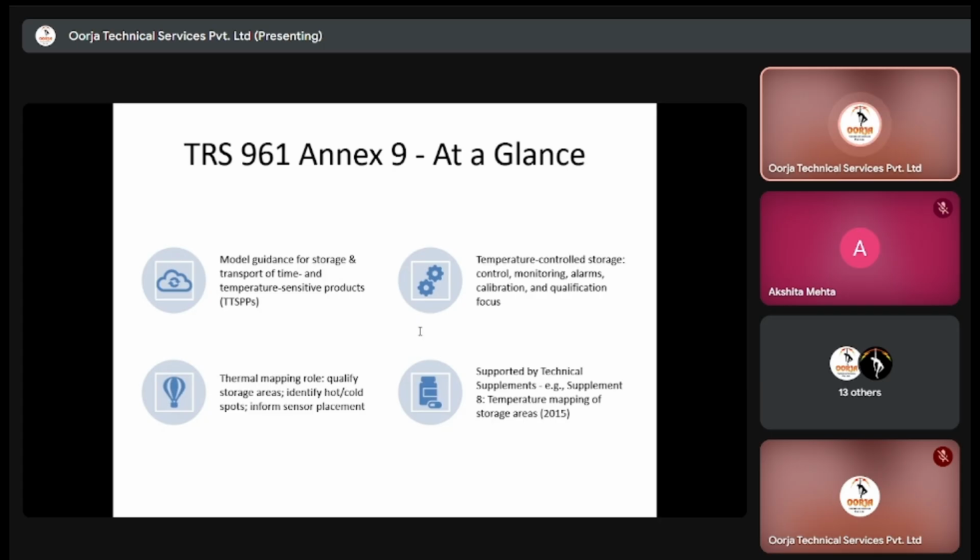So here Supplement 8 comes into the picture, right? Supplement 8 was designed to accompany Annex 9, so we use Supplement 8 together with Annex 9. I hope the basic coverage of Annex 9 is clear to all of you.